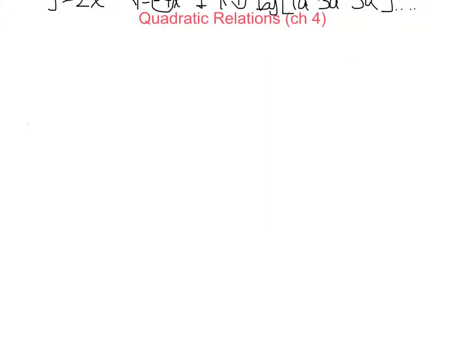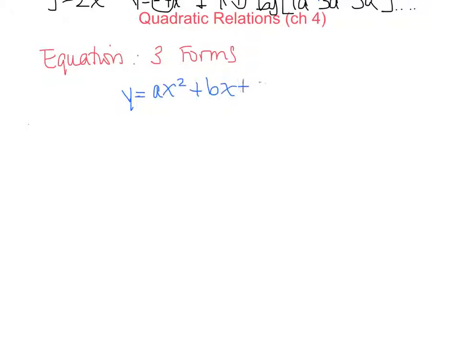The next way to recognize a quadratic function is by looking at its equation. So the equation has 3 different forms. The equation can look like this: y equals ax squared plus bx plus c.